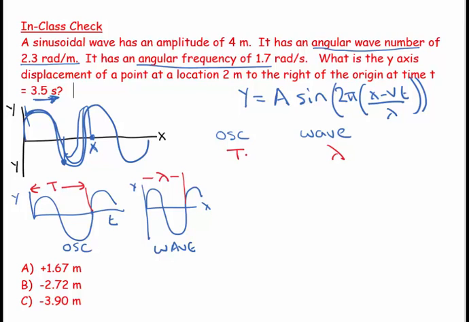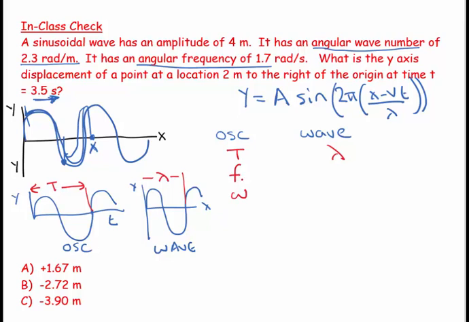After a while, we got sick of dealing with very small periods for very high frequency waves, and so we invented the frequency in hertz. And then, for a reason I'll get to in a minute, we decided to talk in terms of angular frequency, and that was omega.